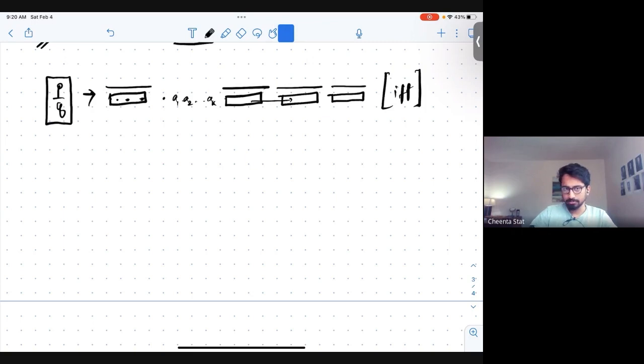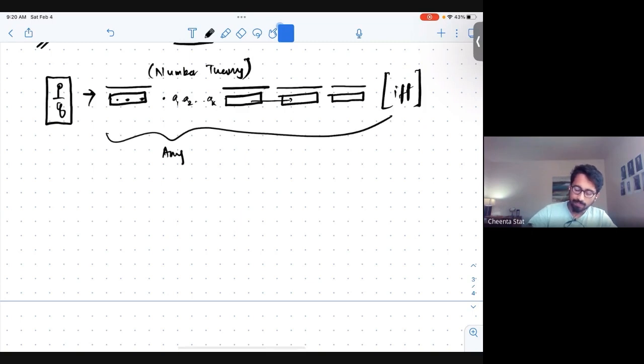It's a basic number theory problem. Therefore, any number that is not in this format is an irrational number.